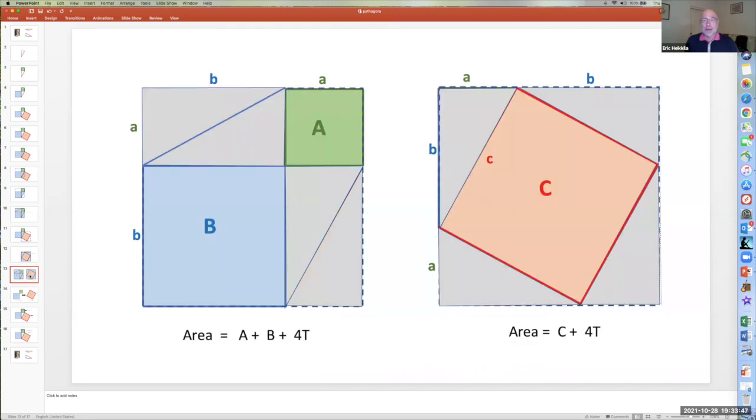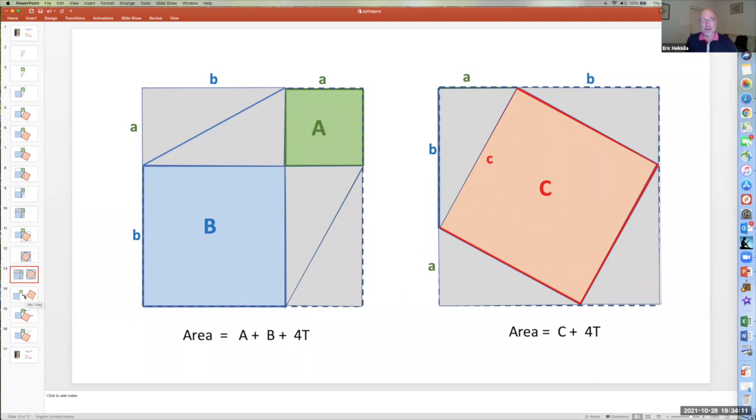So that's nice. Now we pull these two squares of equivalent size back together, place them side by side. So again, the area of each square is the same as the other. And both squares contain four of these triangles.